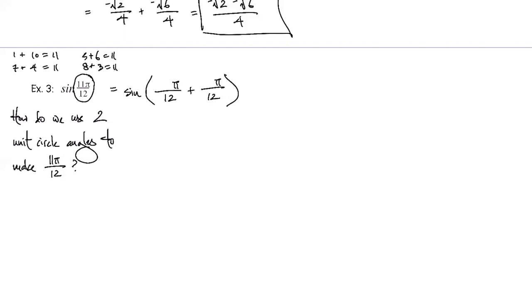Okay, I think maybe we can stop there, right? So we've got some choices here. But what we want to do is think about, of these pairs, when we plug them in here, are we going to be able to reduce to get a nice angle from the unit circle? So for example, if I put in 1 pi over 12 and then 10 pi over 12, I know that 1 plus 10 makes 11, right?